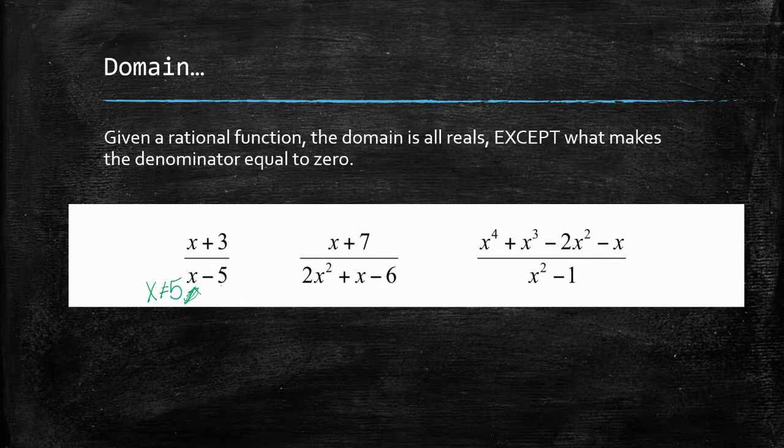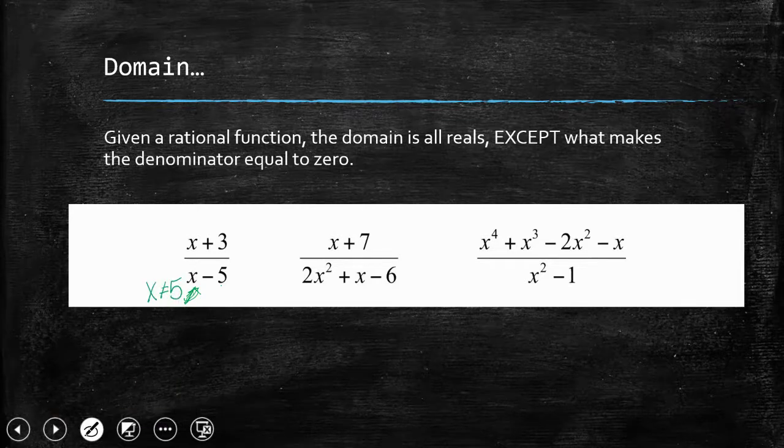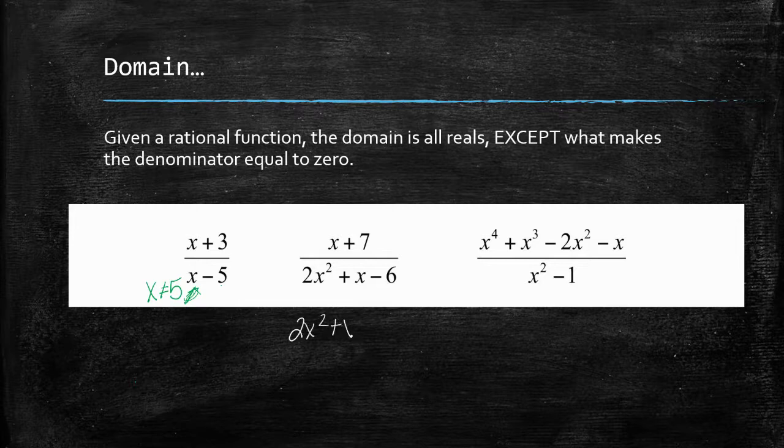On the second one, I'm going to need to factor first to see what values might make that equal to 0. So essentially what you're doing is you're solving a quadratic equation. So I'm going to say 2x squared plus x minus 6 equals 0. And then, let's see, can I factor this? I do 2x and x, and 3 and 2, 3x and 4x, so I need positive 4 minus 3.